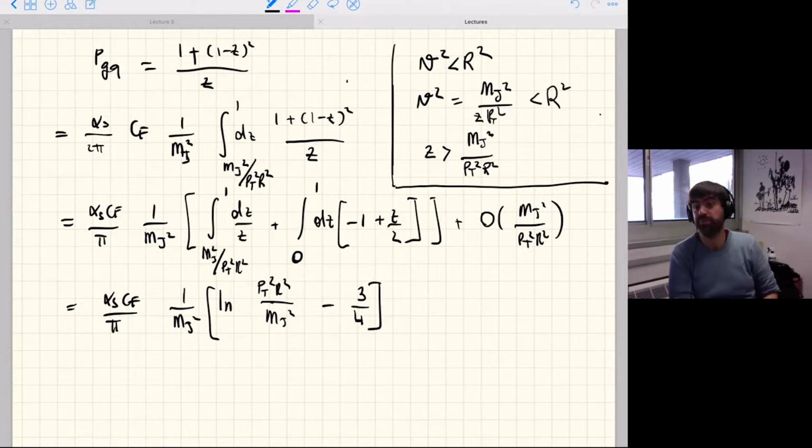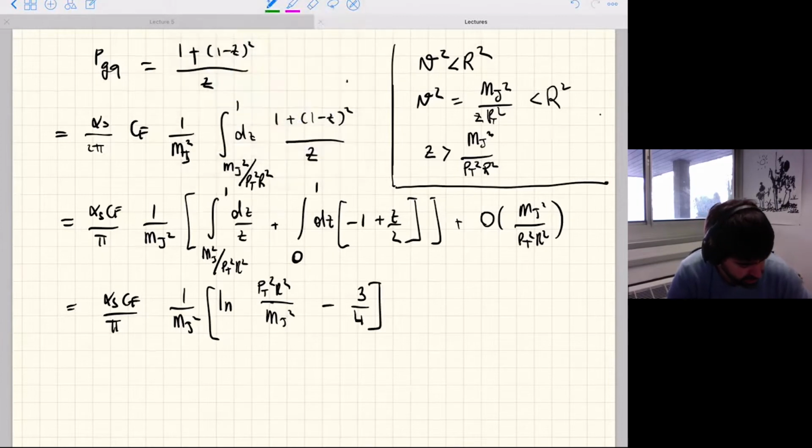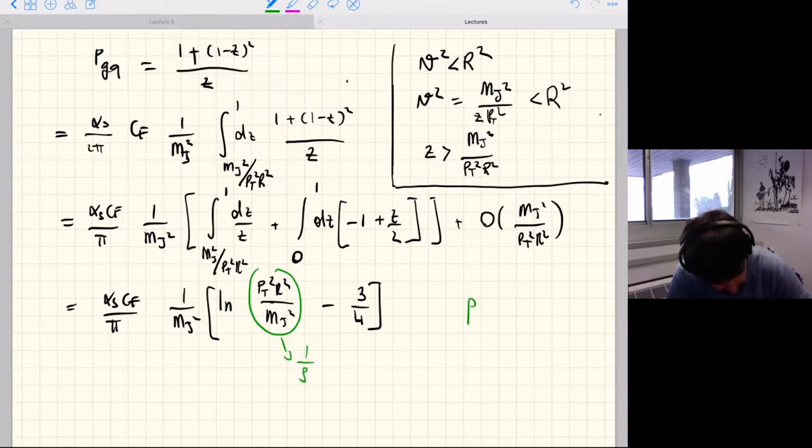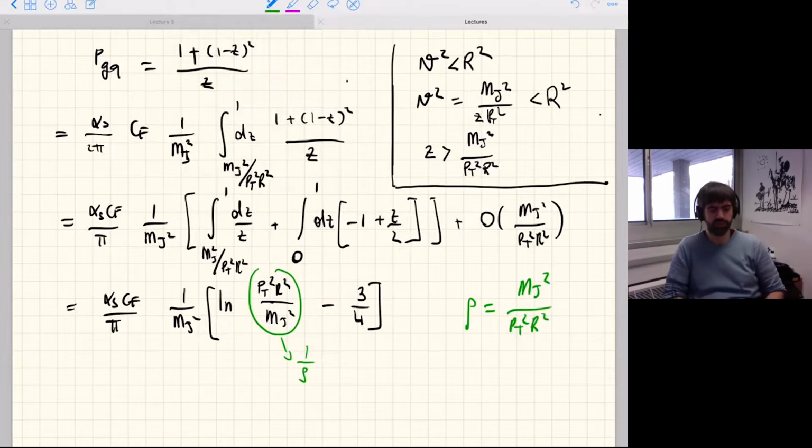We called it V1 in the resummation for Z p_T. Because I'm lazy, and because it makes sense from the point of view of physics, I'm going to call this guy 1 over rho. So for me, the jet mass distribution is really a distribution in this dimensionless parameter, m_j square over p_T R square.